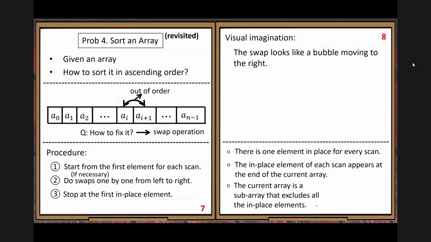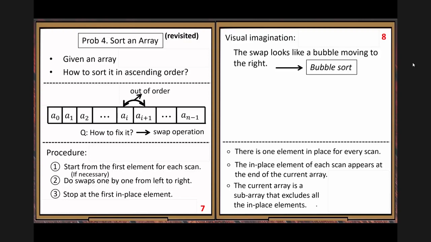That's the bubble sort, because it looks like a bubble. When you do local swap, moving from left to right, it is just like a bubble moving from left to right. You're familiar with the name, bubble sort.